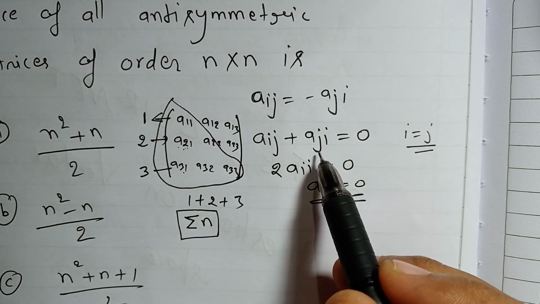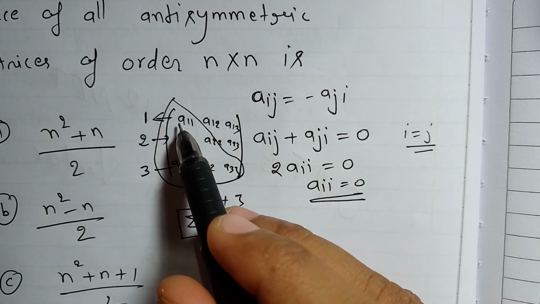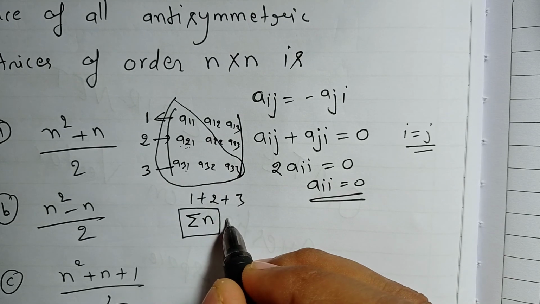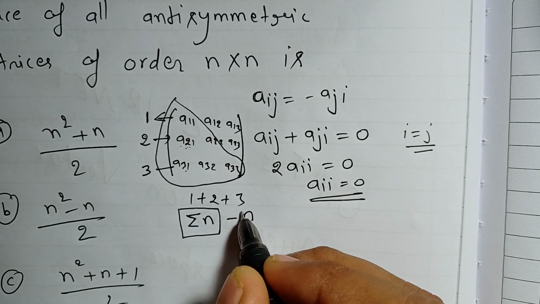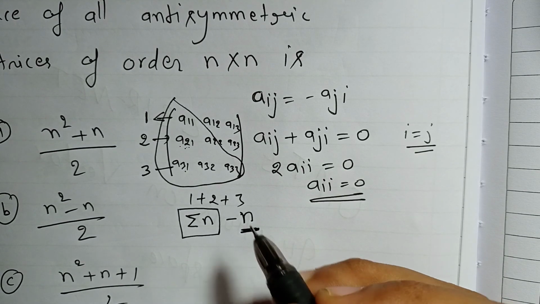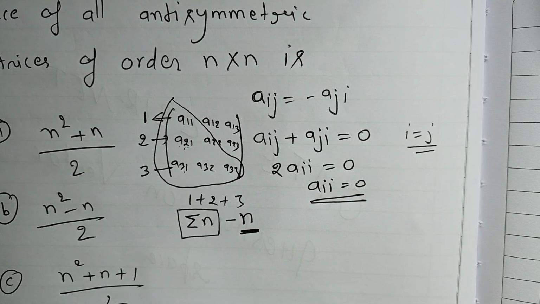And in the antisymmetric matrix here, the diagonal elements are 0, so there is no option in diagonal elements. So what we do, summation n minus n, because we have to remove the dependent elements. Dependent means these n diagonal elements are not free variables here, because they are always 0.